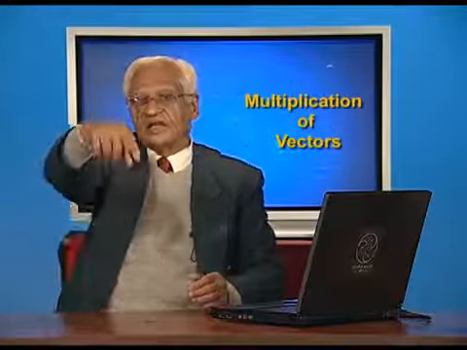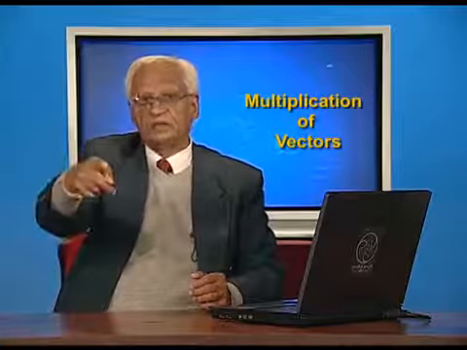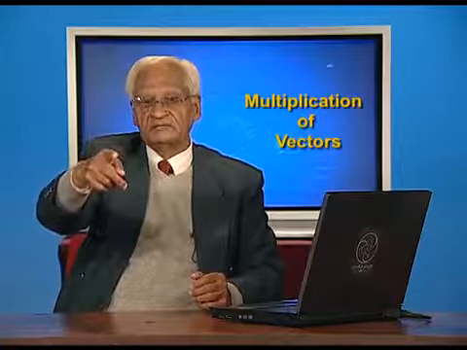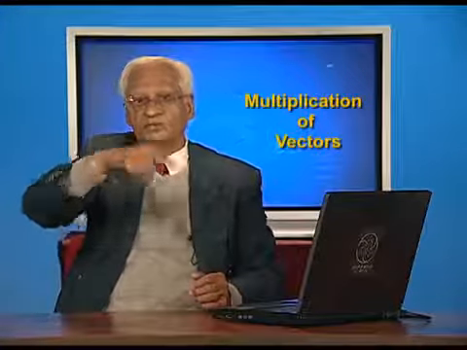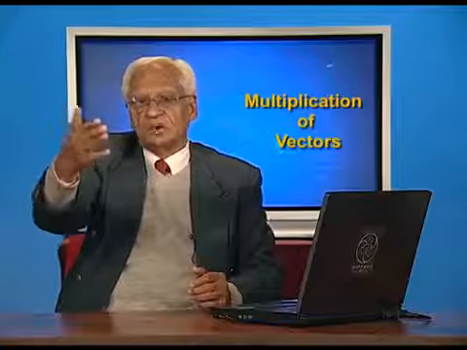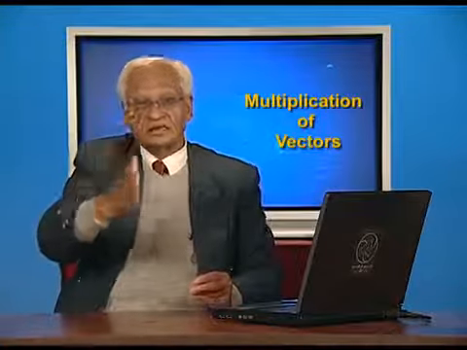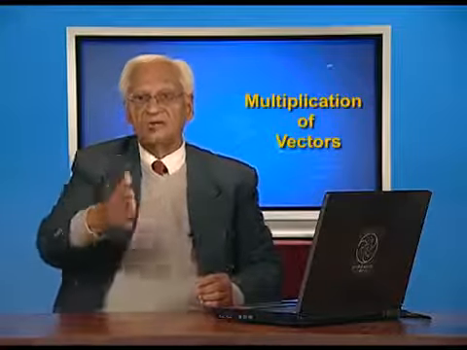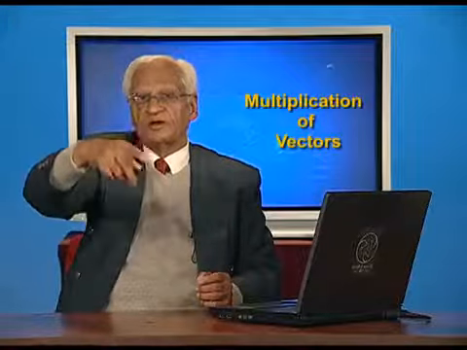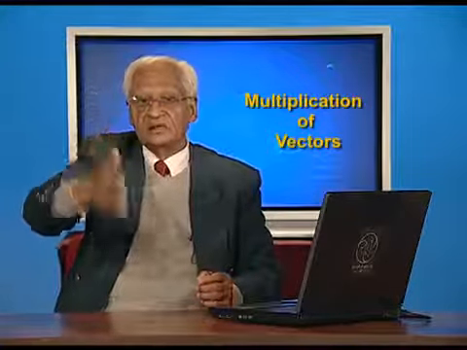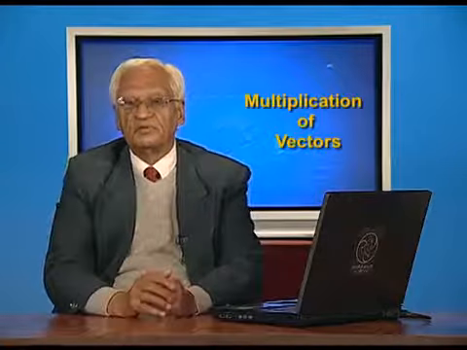You remember, in the case of the dot product, I showed you the smaller angle and the larger angle, which is 2 pi minus theta, and it did not matter, because cos theta is equal to cos 2 pi minus theta. In this case it matters, because sin theta is not equal to sin 2 pi minus theta. So be careful when you take the cross product a b sin theta: theta is the smaller angle, or the inner angle, between the two vectors.